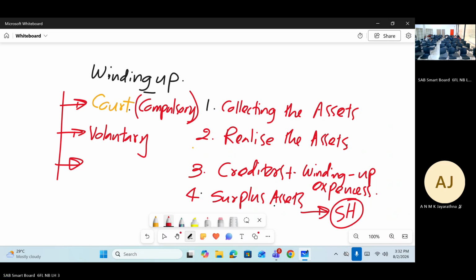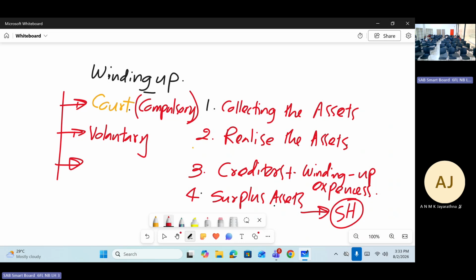And the resolutions we have discussed. Now, when we consider the meetings, a general meeting is a shareholders meeting, AGM or EGM, like annual general meeting.